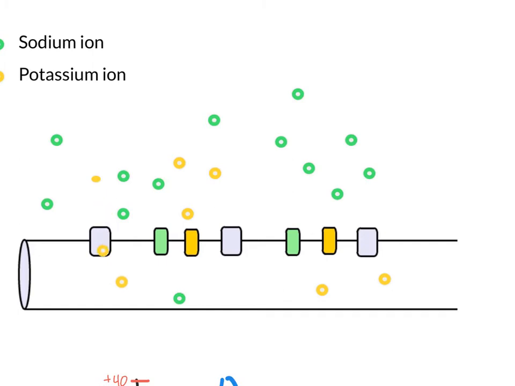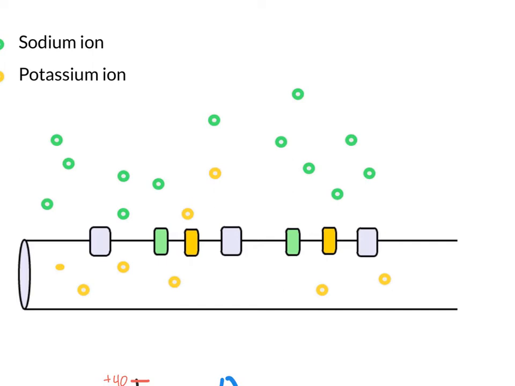I know I didn't do the right numbers, bear with me, but you get the idea. 3 sodiums out, 2 potassium in, and eventually what's going to happen is it's going to restore the potential across this membrane, so it is now back to -70.